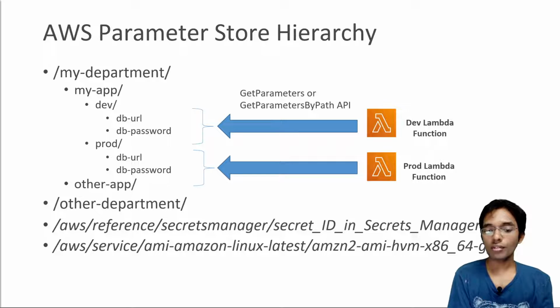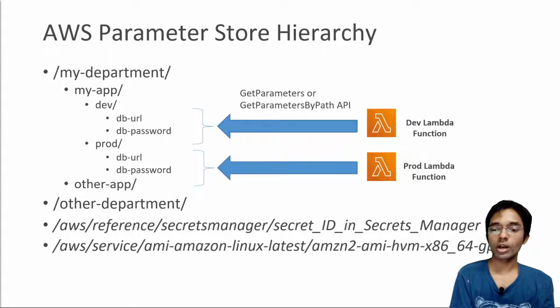So this will always point to the Amazon Linux AMI ID, for example: /aws/service/ami-amazon-linux-latest/amzn2-ami-hvm-x86_64-gp2. So this is always going to point to the latest version of the Linux AMI ID, for example.